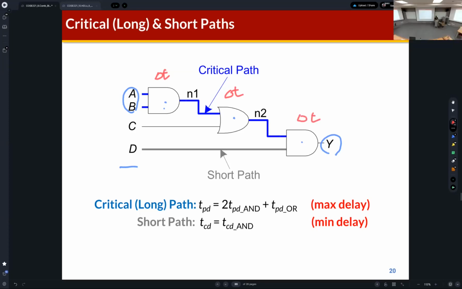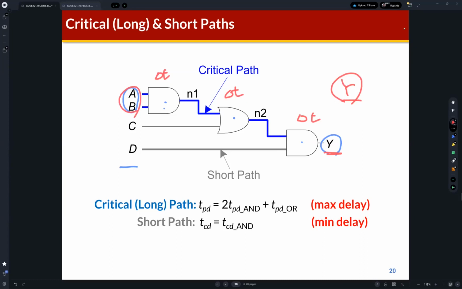So if the output Y can be changed by input signals A and B, then we need to consider these delays of the combinational logic, which means that these delays need to be accumulated. But Y can also be determined by C, because this is the AND gate, and if C is changed from 1 to 0, then Y is also changed from 1 to 0.